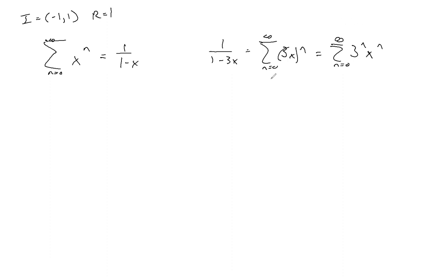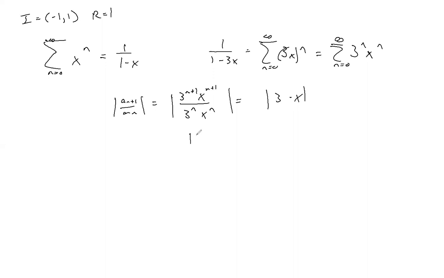Let's double check. How do we double check? By the ratio test. So I want to do a sub n plus 1 over a sub n. That's going to give me 3 to the n plus 1 x to the n plus 1 over 3 to the n x to the n. I simplify, I get 3 times the absolute value of x, and I want this limit to be less than 1.